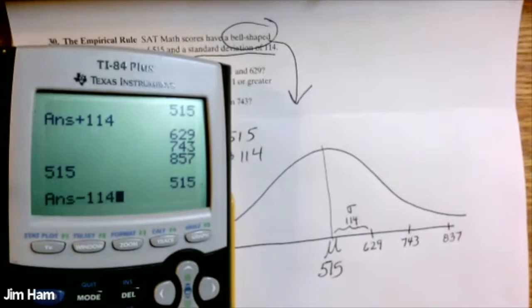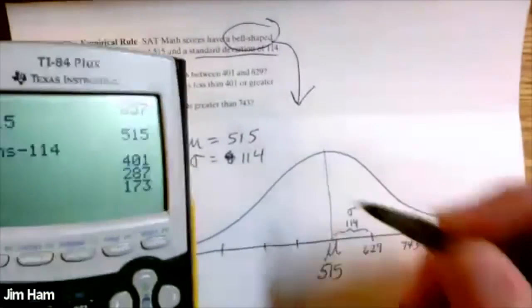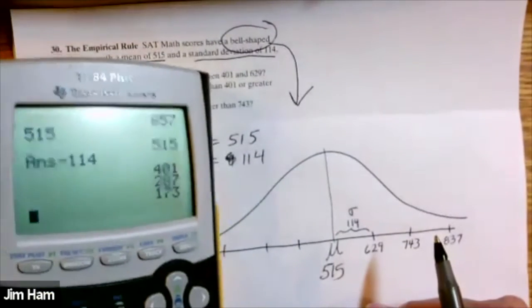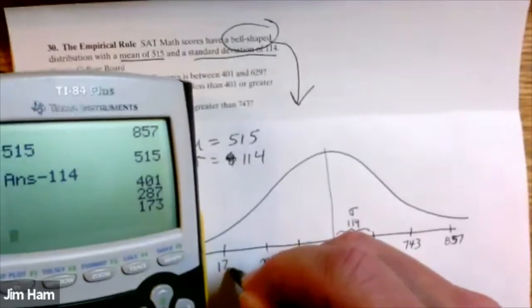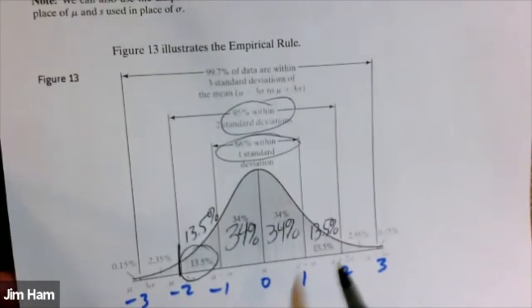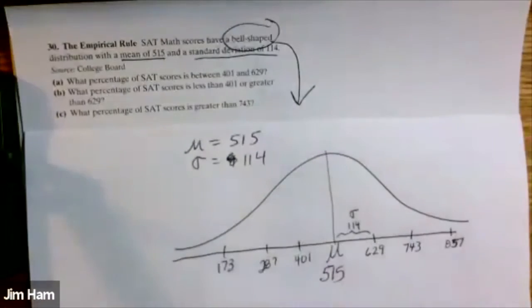And then I'm going to subtract the 114 once, twice, 3 times. It's always 3 scale markings to the left and 3 scale markings to the right, 287 and 173. 68% fall within 1 standard deviation, 95% fall within 2 standard deviations, and 99.7% fall within 3 standard deviations.